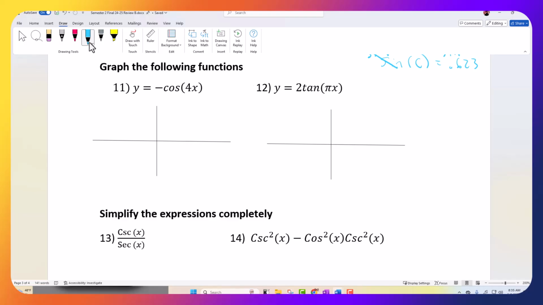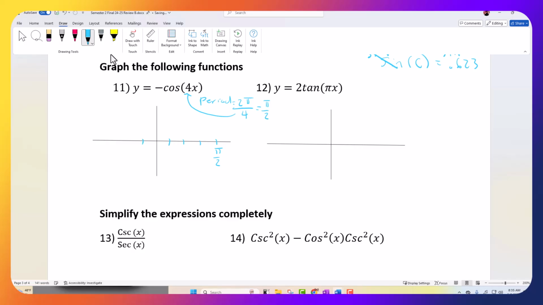So remember that sine and cosine have a period of 2 pi over b. B is the number in front of x, which is 4 in this case, and this reduces. 2 over 4 is the same as a half, so this would be pi over 2. So when I go out 4 marks, 1, 2, 3, 4, I'm going to label that fourth mark pi over 2.